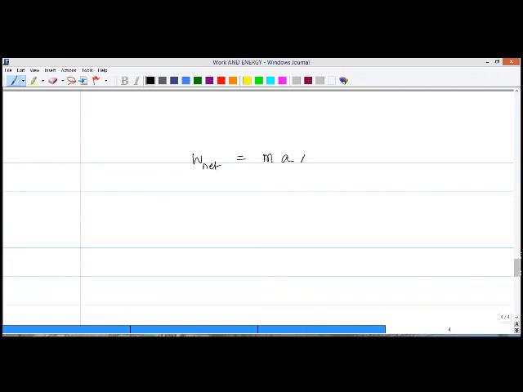Now we're going to go back to the equations of kinematics, and I'm going to use this simple relation: Vf squared equals Vi squared plus 2a delta x.